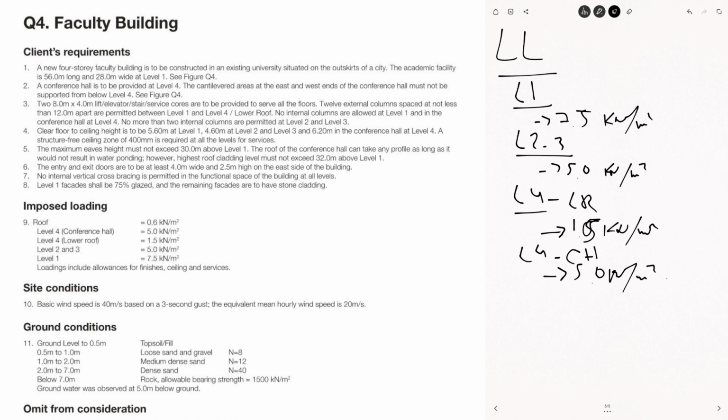Okay, and then we got the roof. And the roof live load is 0.6, just for maintenance access.